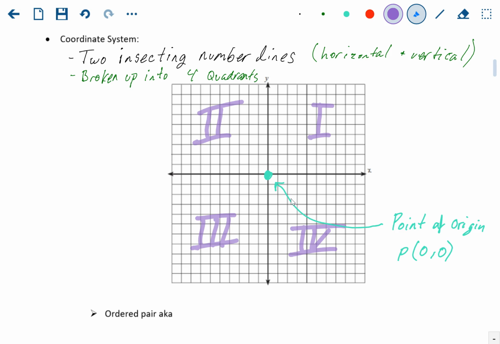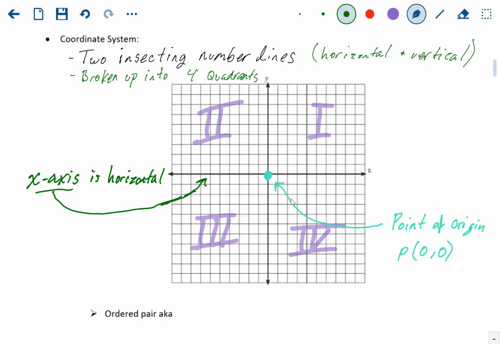Let's go back to talking about the two number lines. The horizontal number line is the x-axis. The x-axis is that bold line. Any point on that line is on the x-axis, and any point on that axis has the ordered pair whatever the x value is, and then comma 0, because there's no vertical movement.